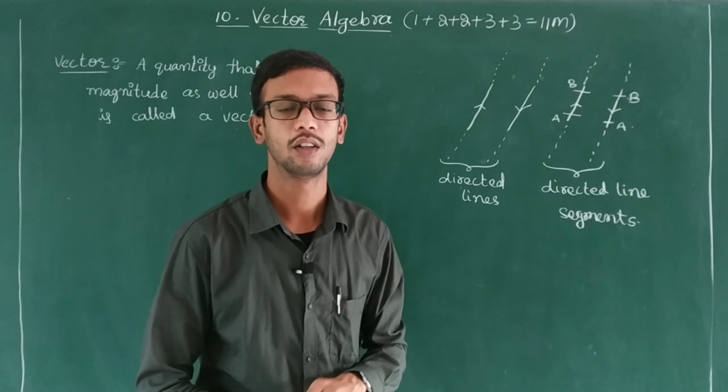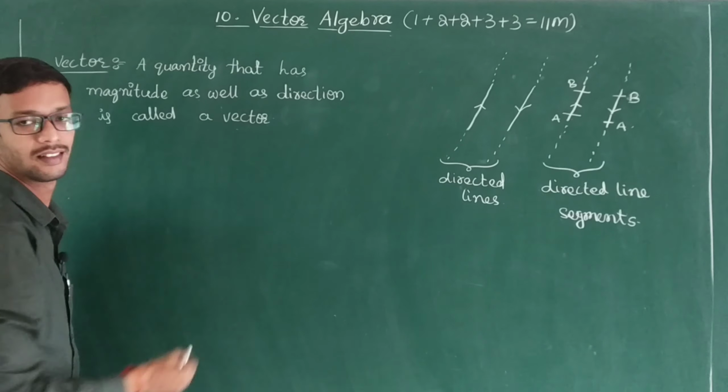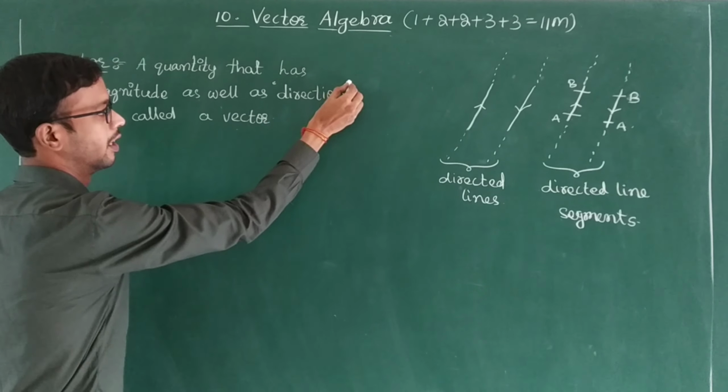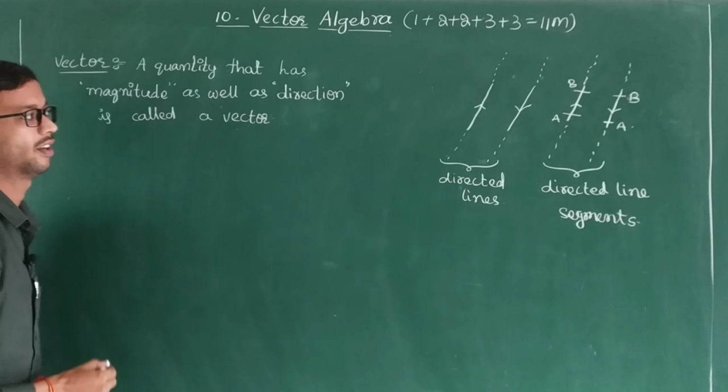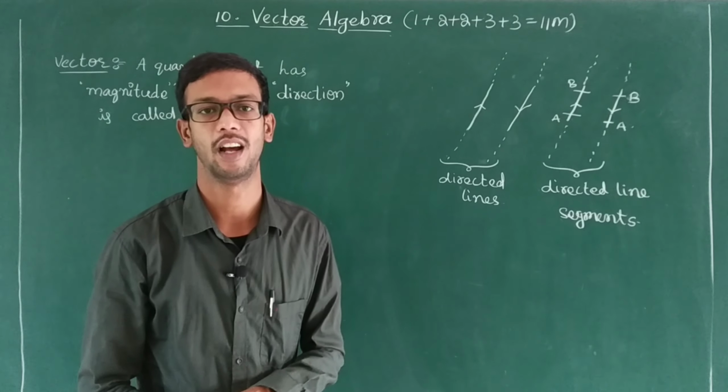So now we start our first definition, vector. What is a vector? A quantity that has magnitude as well as direction is called a vector. Both having means that is a vector.